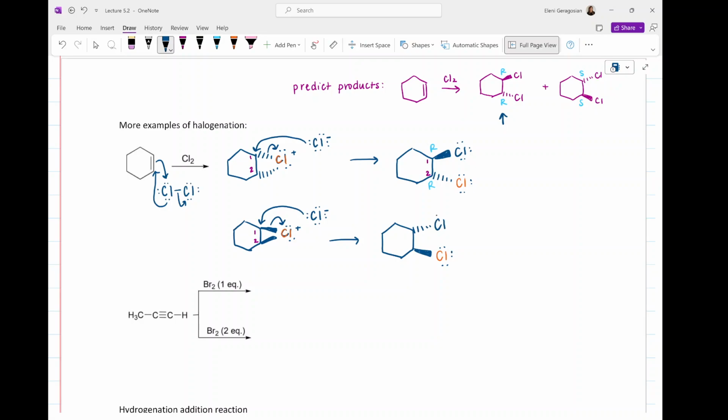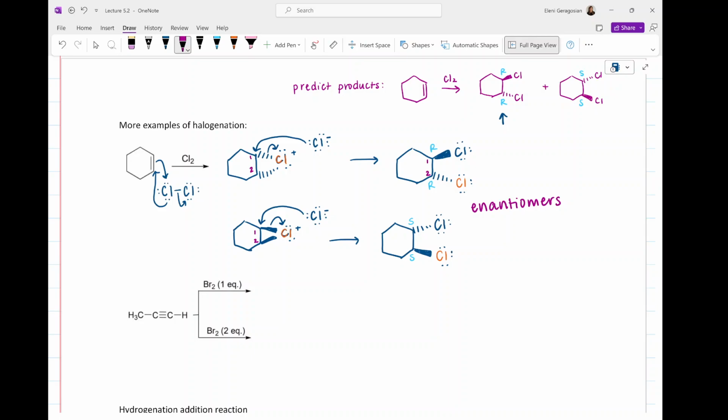And then these are S and S. So these two products are enantiomers, because while there are two stereocenters, both change configuration from R to S when we're comparing them. So these are enantiomers.